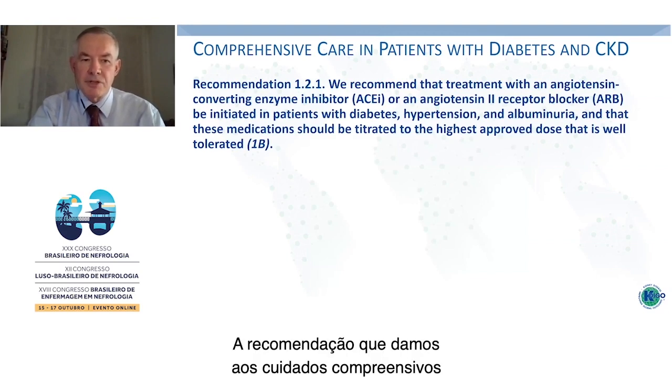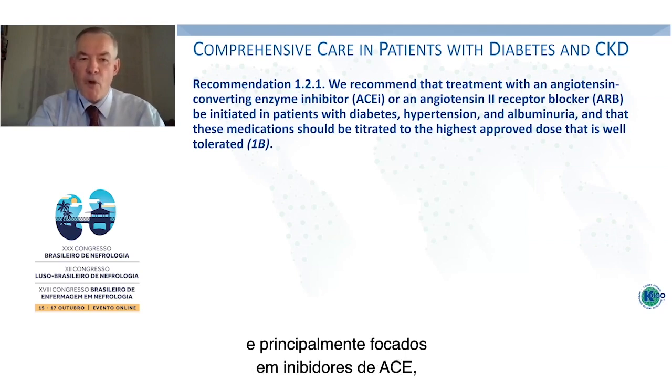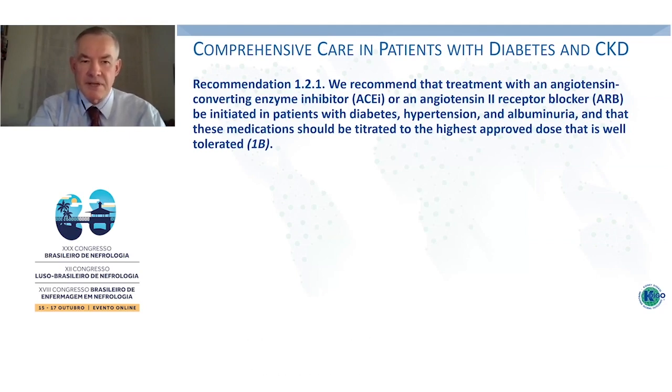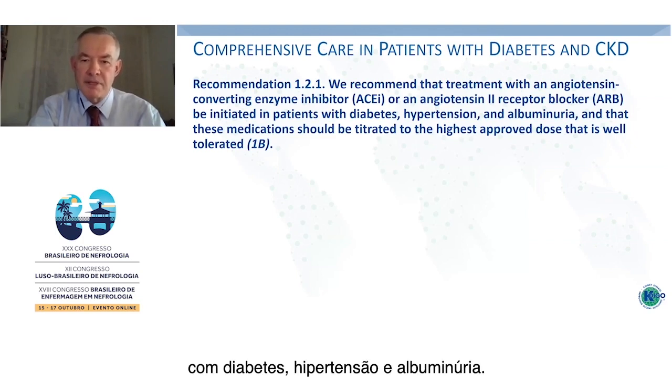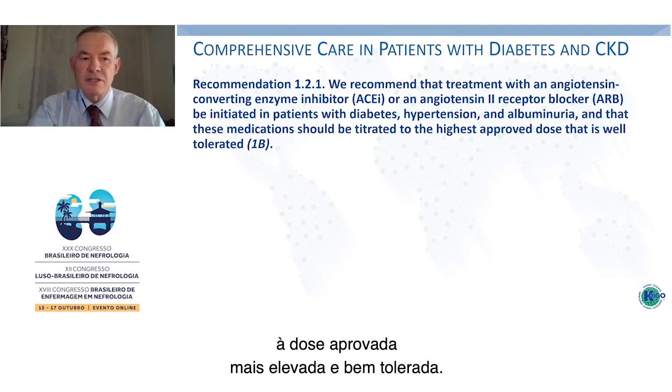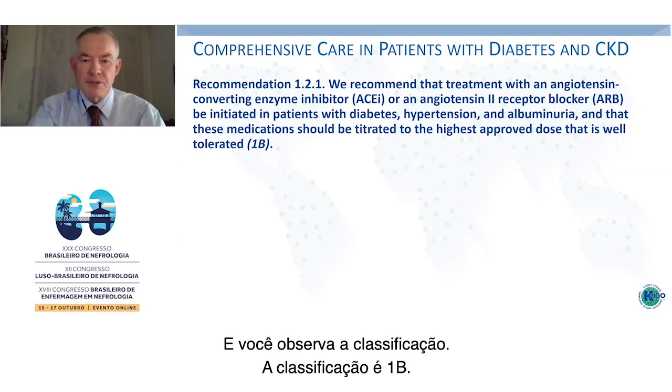So the recommendation which we give for comprehensive care, with specific focus on ACE inhibitors, is that we recommend treatment with an angiotensin converting enzyme inhibitor or ARB be initiated in patients with diabetes, hypertension, and albuminuria, and that these medications should be titrated to the highest approved dose that is well tolerated. And you see the grading.